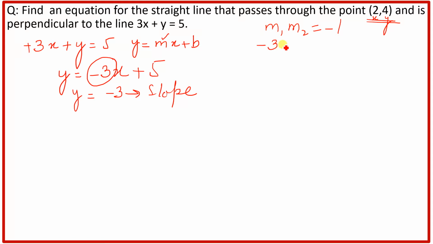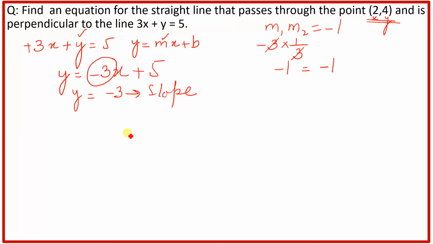Suppose m1 is negative 3, what should be the slope of the second equation m2 in order to make the product negative 1? The slope of the other equation should be 1 over 3. Why? Because this 3 will cancel this 3, and only negative 1 will remain. So the slope of the given equation is negative 3, and the slope of the required equation should be 1 over 3.